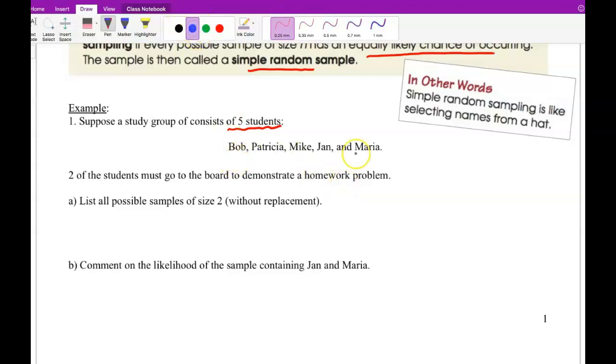To make that simple, instead of these names, for Bob, for example, I will use B, here P, this one Mike, that is Maria, so I'm using MI, here J, and for this one MA.